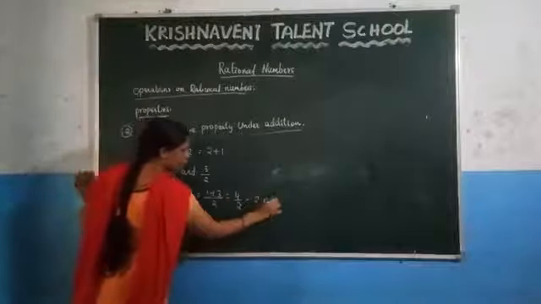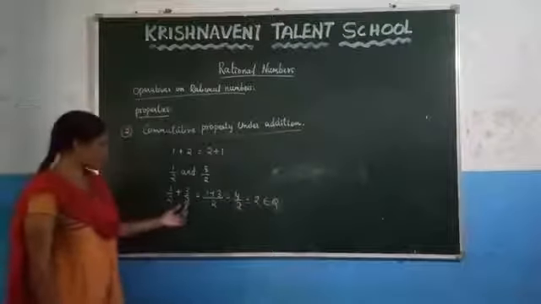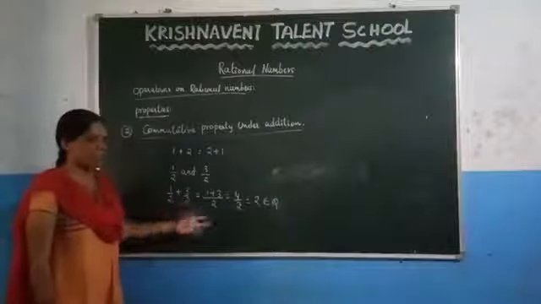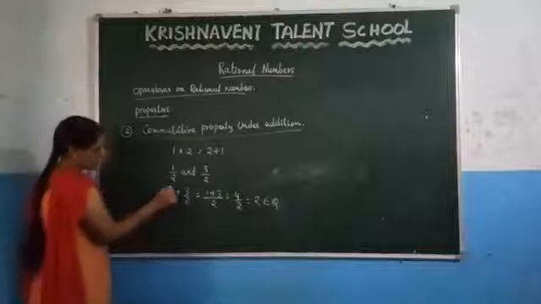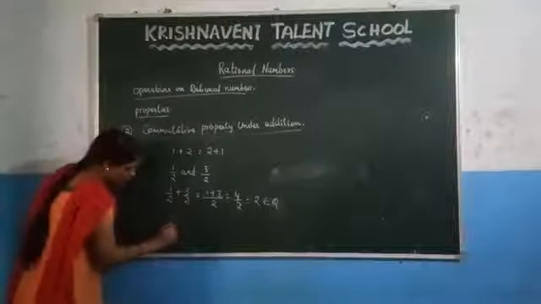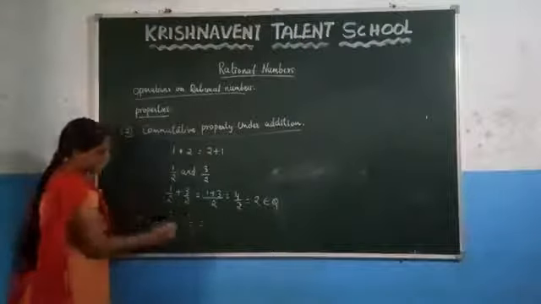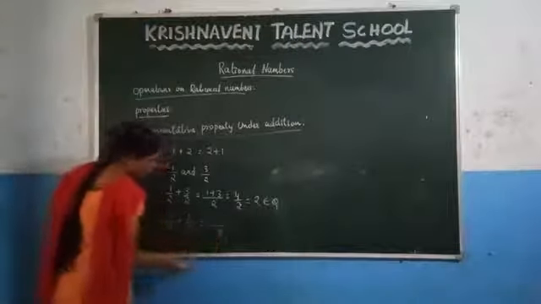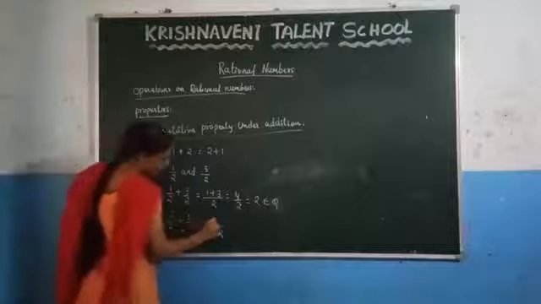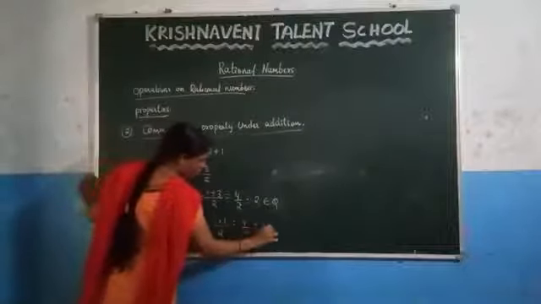You know that it is a rational number. Now the commutative property says, if you change the order you have to get the same result. Now add 3 by 2 plus 1 by 2. Just changing the order. After changing the order, what is the result we are getting? 3 plus 1 which is 4 by 2, which is equal to 2.